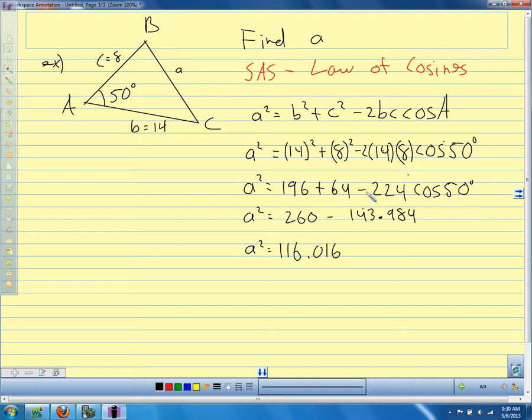Here's another place where a lot of students make mistakes. This gives us A squared. So to find A, I have to take the square root. A equals the square root of 116.016. So A equals about 10.8.